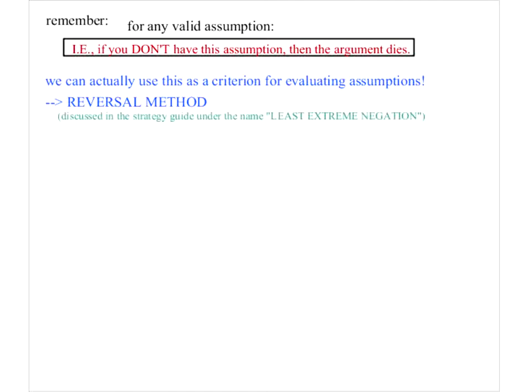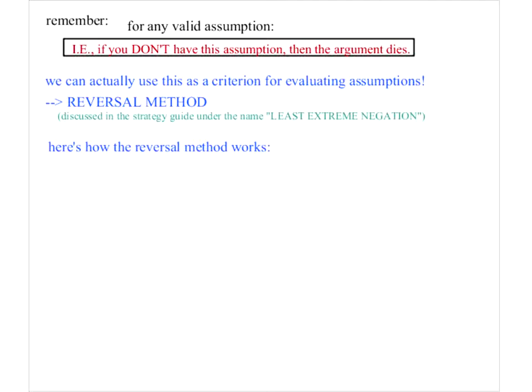The way this works is you use this fact to actually go through your potential assumptions and evaluate them. So here's how the reversal method works.